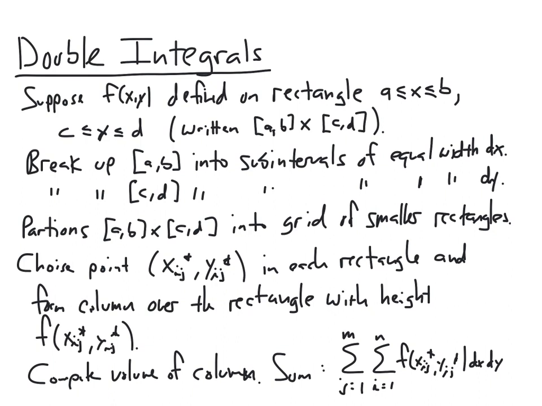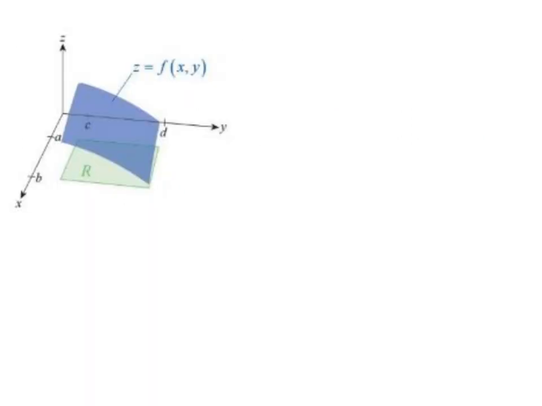Before we go on to actually define a double integral, let's take a look at a picture of what we just did. Here is the graph of a function z equals f of x y, that's the blue, and it's defined over a rectangle in the plane. Notice in the plane we have a green rectangle ranging on the x-axis from a to b, and on the y-axis from c to d.